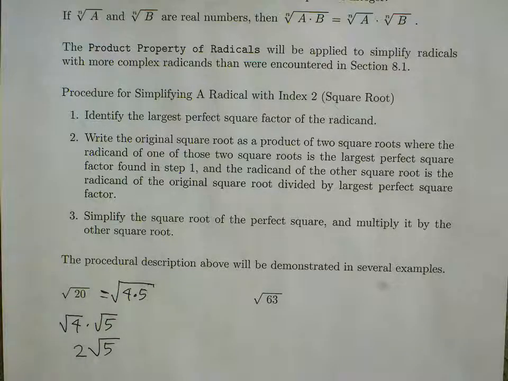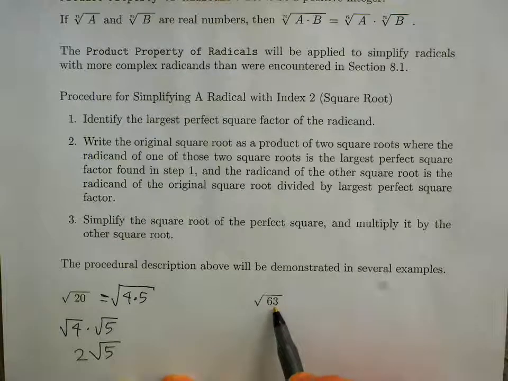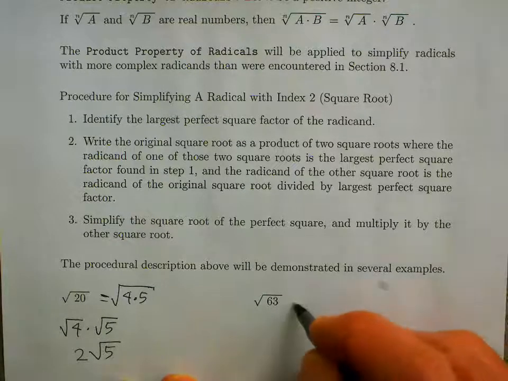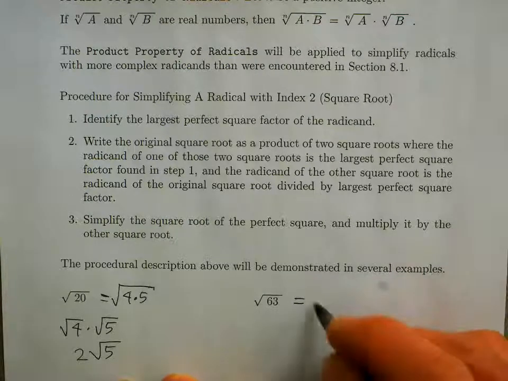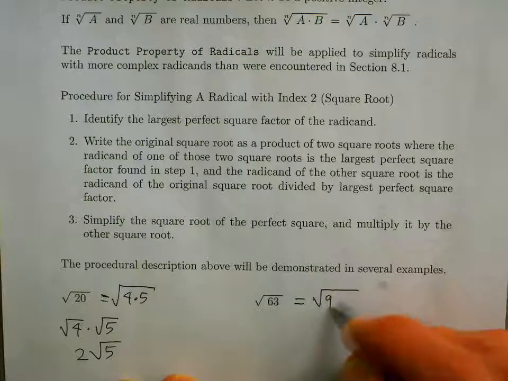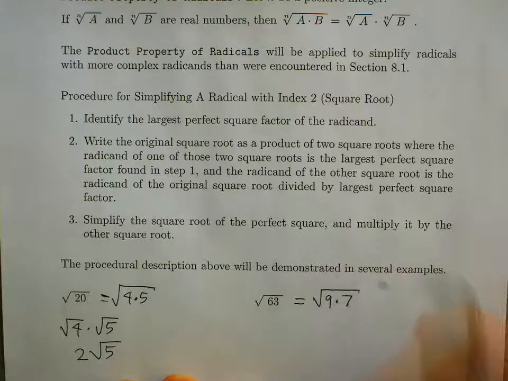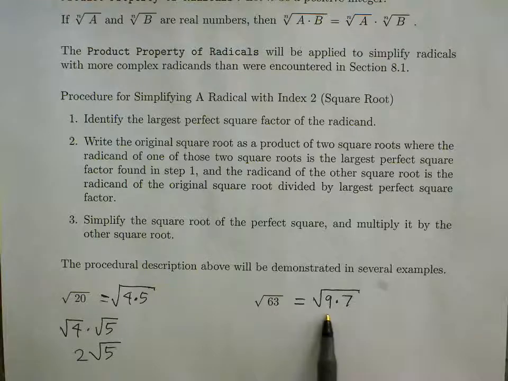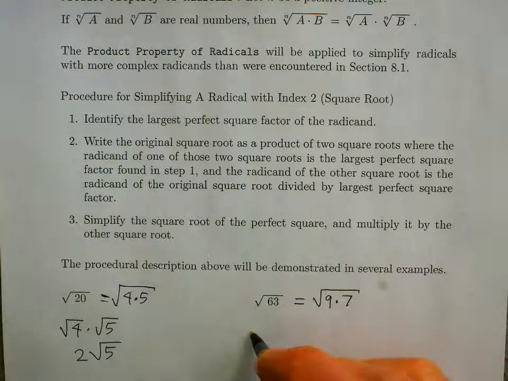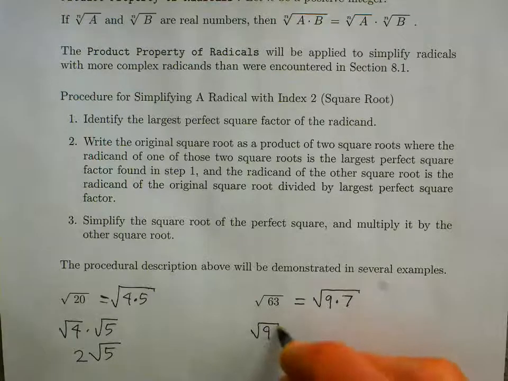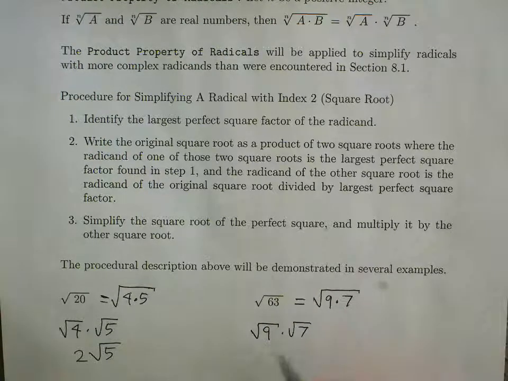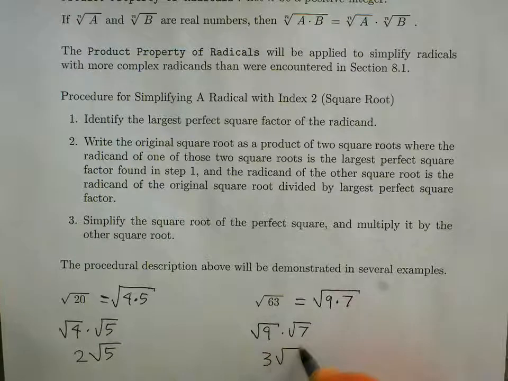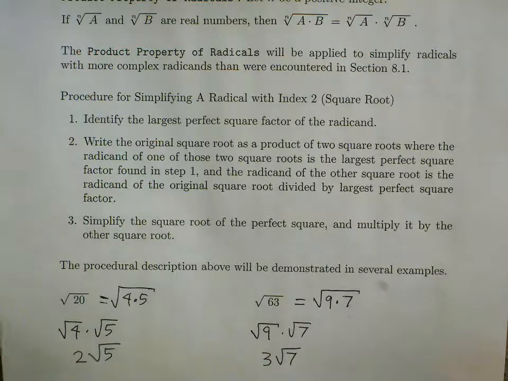Yeah, 9. 9 times 7 is 63. 9 is a perfect square. So rewrite the square root of 63 as the square root of 9 times 7. Then apply the product property of radicals. The square root of 9 times 7 is equal to the square root of 9 times the square root of 7. And the square root of 9 is 3. So our simplified result is 3 times the square root of 7.